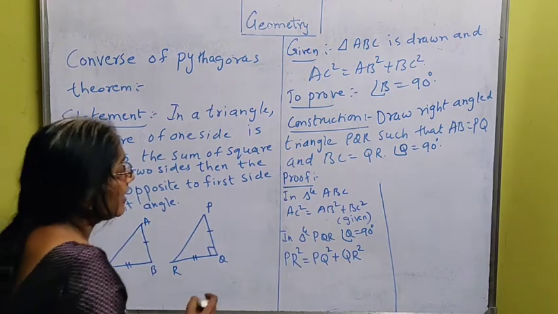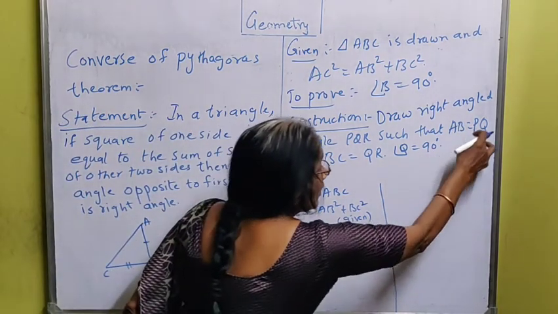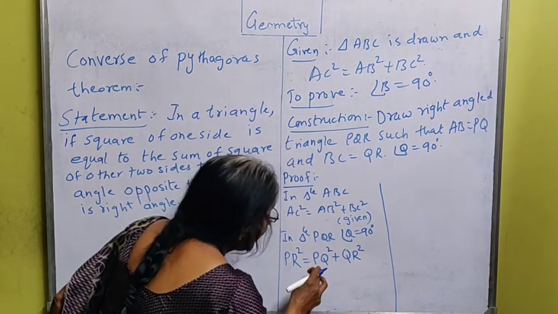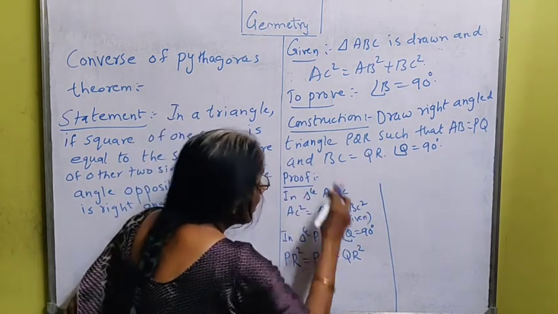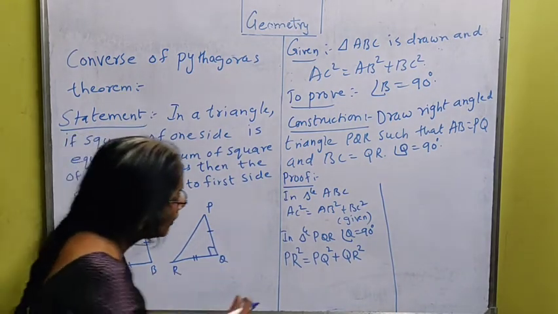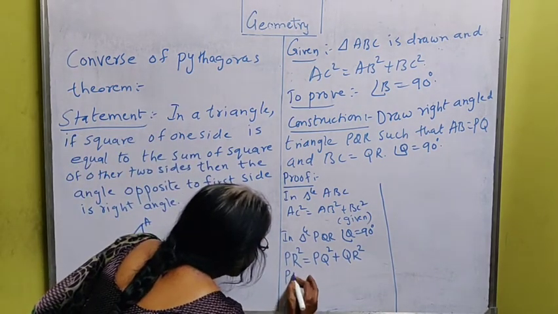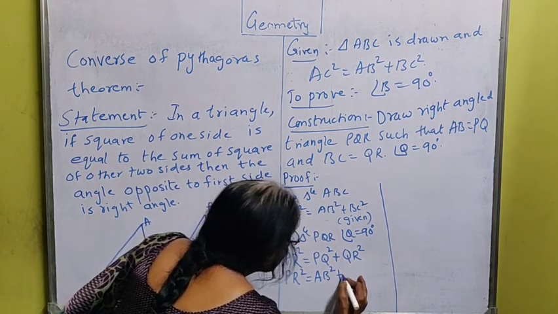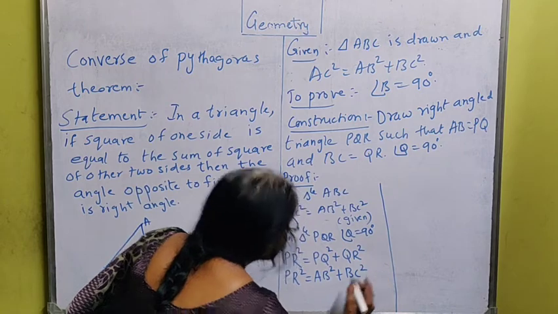But in the given, I have taken PQ as AB. So in place of PQ, I can write AB, and in place of QR, I can write BC. So again, I can write this as PR square is equal to AB square plus BC square.